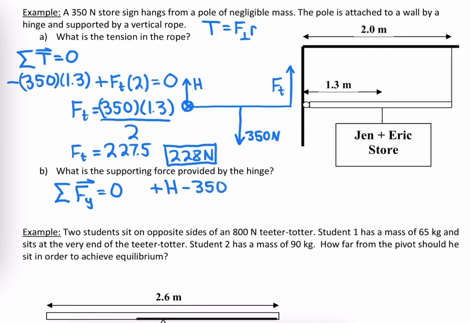And I have tension, which is in the positive y direction. And those have to add up to 0. Then solving that gives me that H equals 122.5, or if I round to 3 sig figs, 123 newtons.